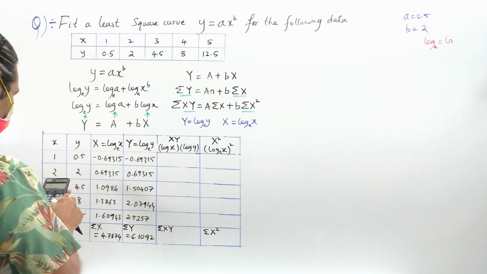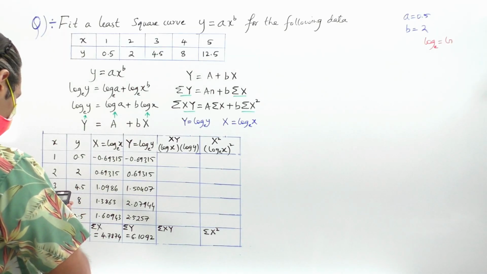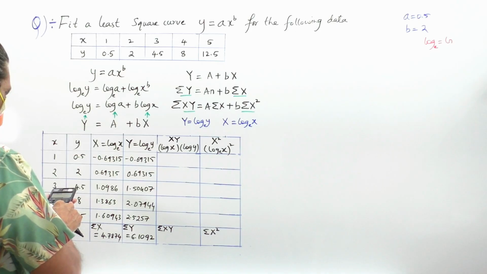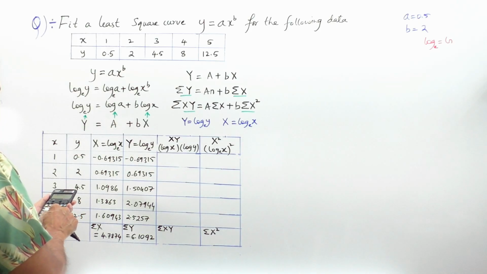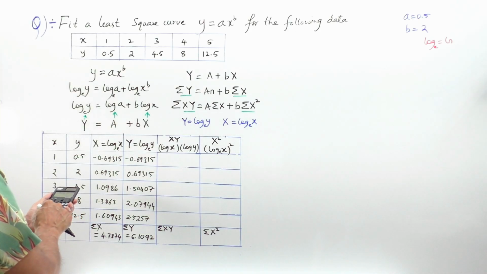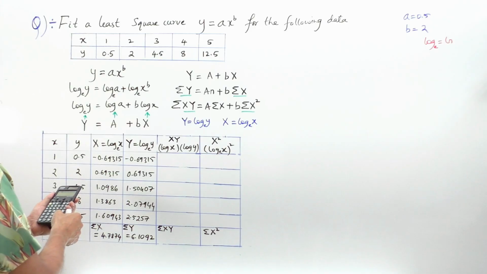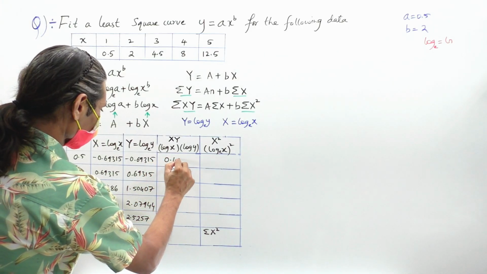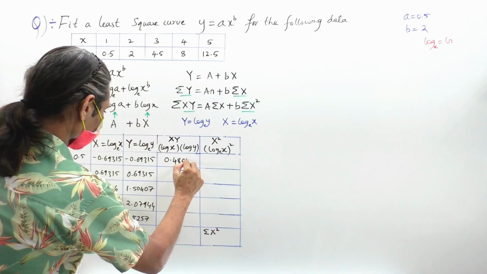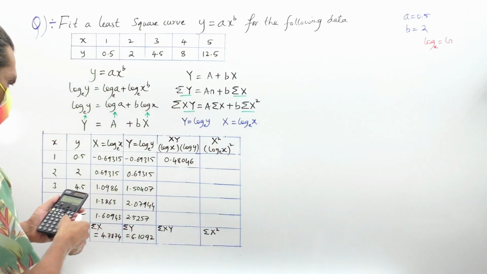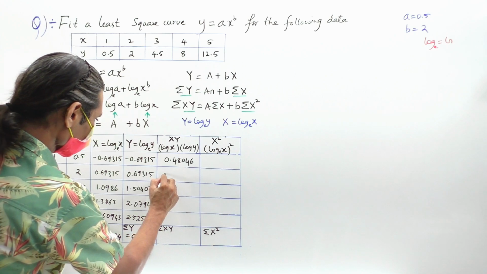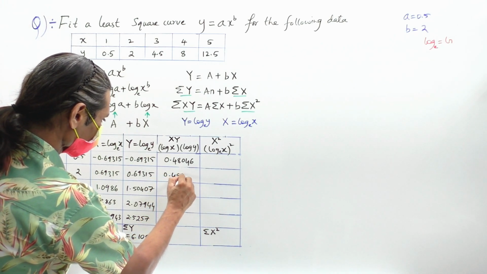So capital X into Y will be minus 0.69315 into minus 0.69315, which is 0.48046. Then again the same thing, 0.48046.